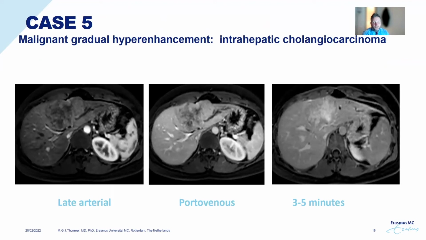This is a very typical case of an intrahepatic cholangiocarcinoma with gradual progressive enhancement at 3 to 5 minutes due to fibrosis.